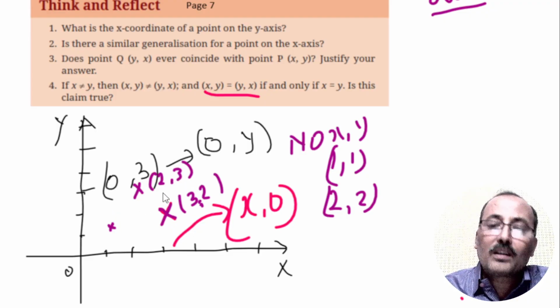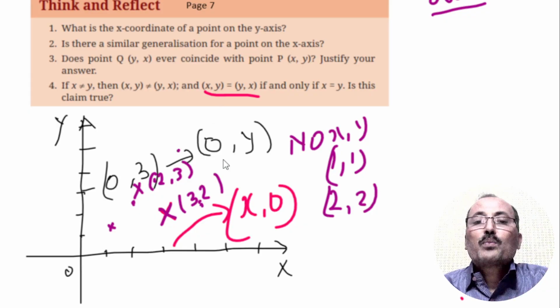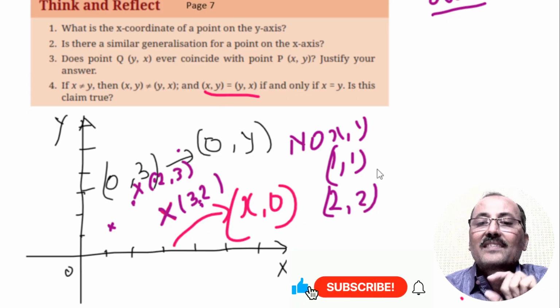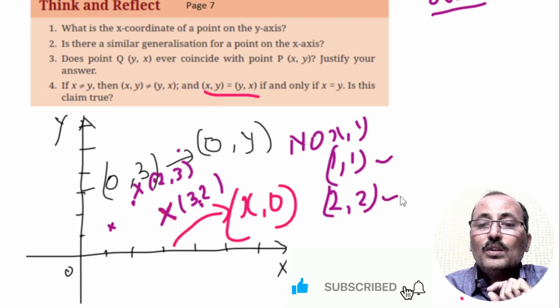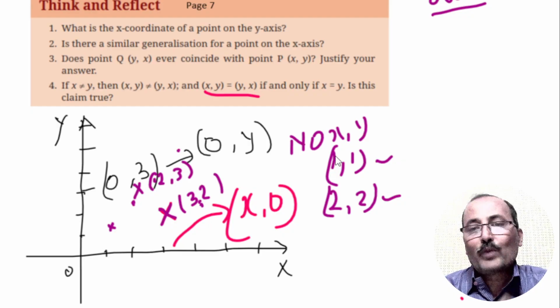But (1, 1), (2, 2), (3, 3), (4, 4) will come in a line. Those points only satisfy the condition (x, y) equal to (y, x) when x equals y.